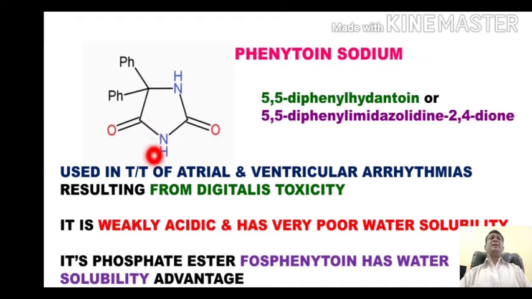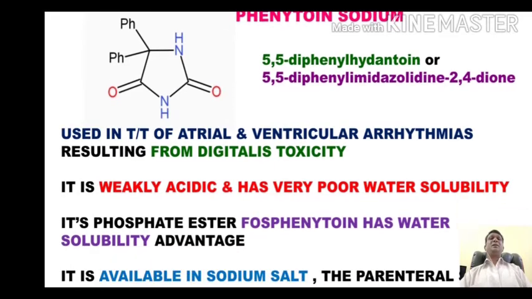That's why in the nomenclature it is simply called 5,5-diphenyl hydantoin or 5,5-diphenyl imidazolidine 2,4-dione. For nomenclature, the numbering starts with this nitrogen as number 1, 2, 3, 4, and this will be number 5. Now this drug is used in treatment of atrial and ventricular arrhythmias, which result from digitalis toxicity.